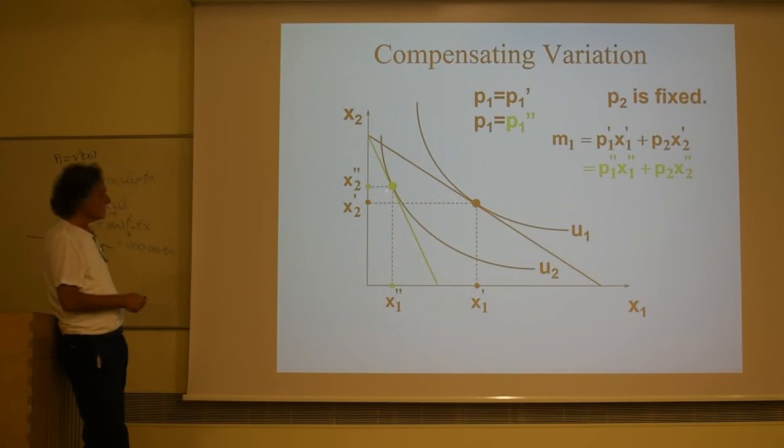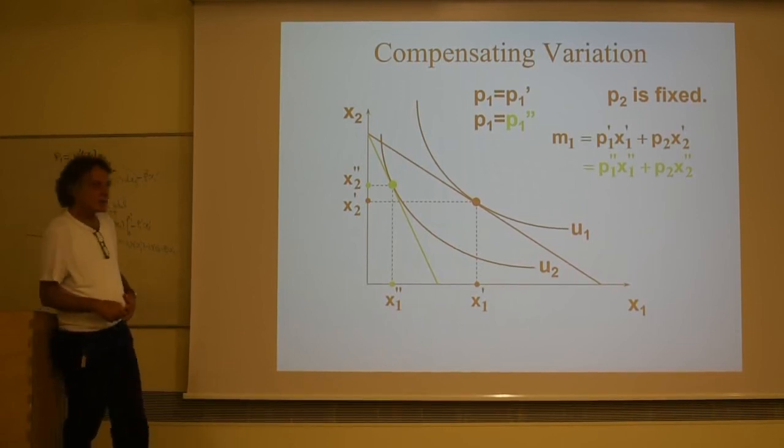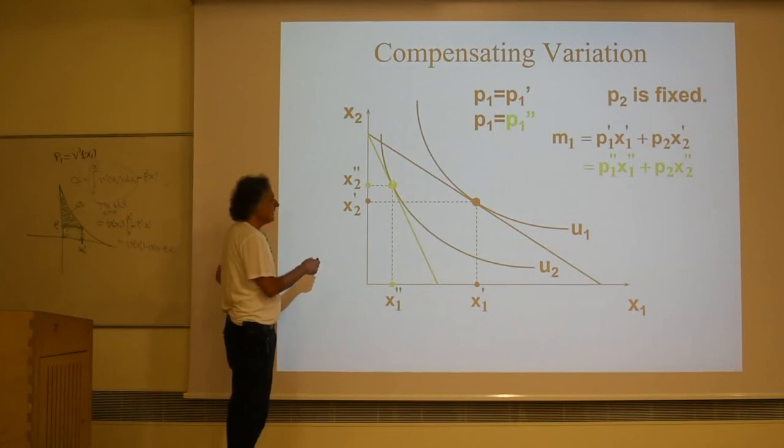Great, that's the new demand. So now under the new demand, I buy this one. But as you can see, my utility level is not as high as before. I'm losing in terms of happiness, I'm less happy. That bundle gives me less utility than that bundle.